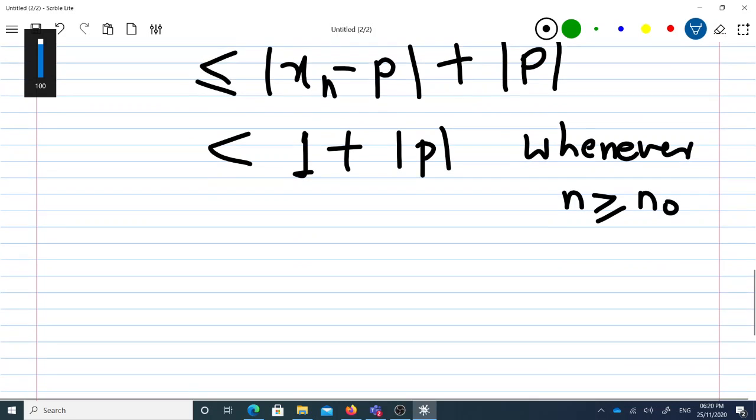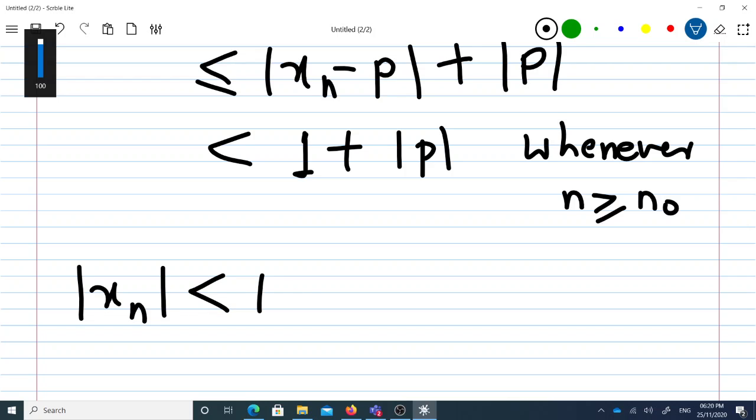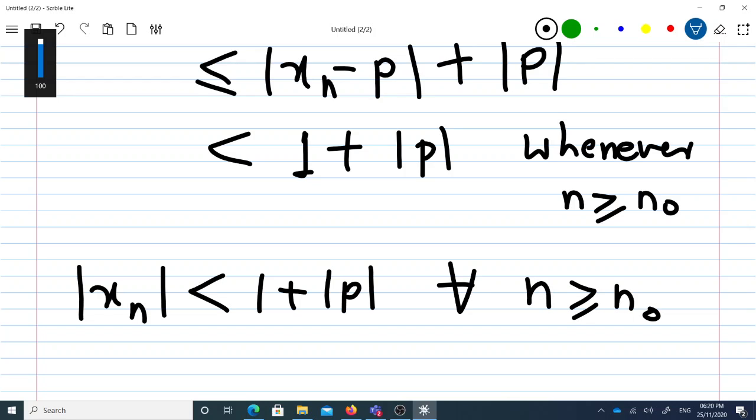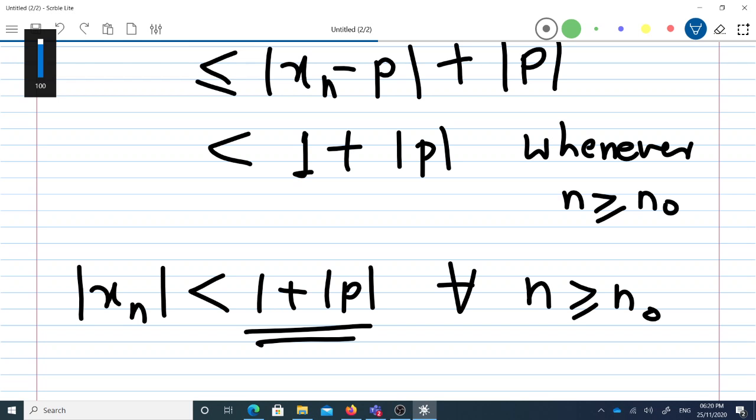So what I got is as follows: mod xn is strictly less than 1 plus mod p for all n greater than or equal to n naught. You can see that this is a constant, and mod xn means x1 is less than 1 plus mod p, x2 is less than 1 plus mod p, and so on. But this is true only if n is greater than or equal to n naught.